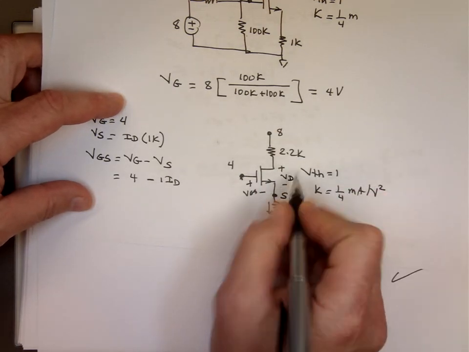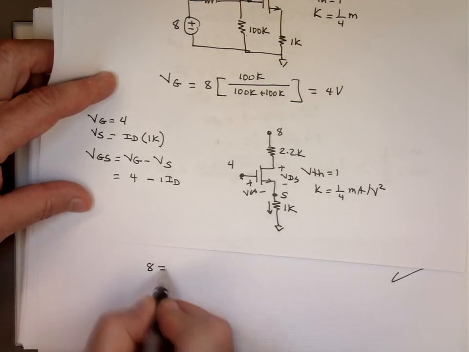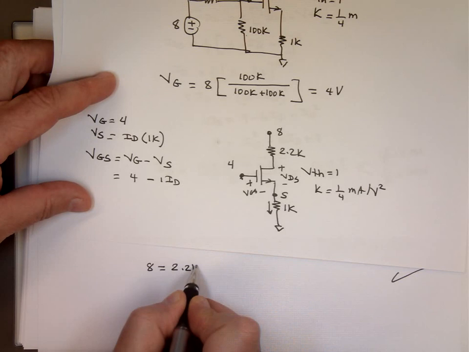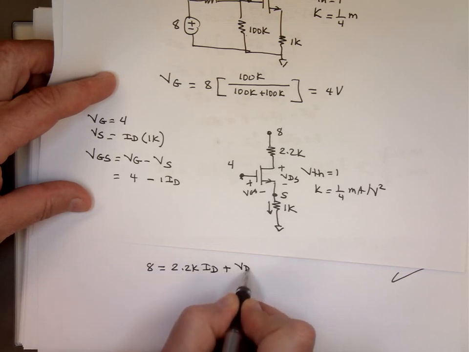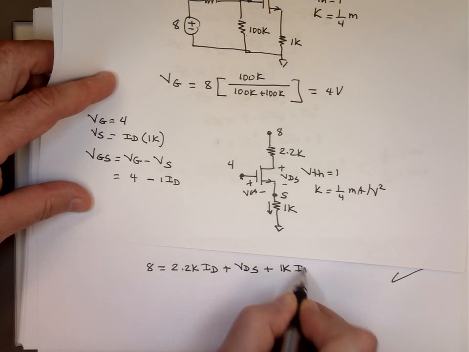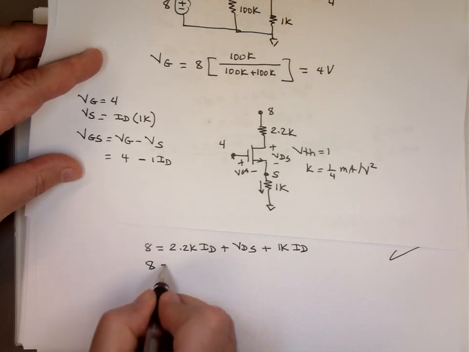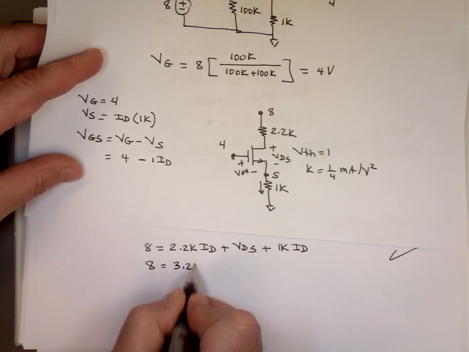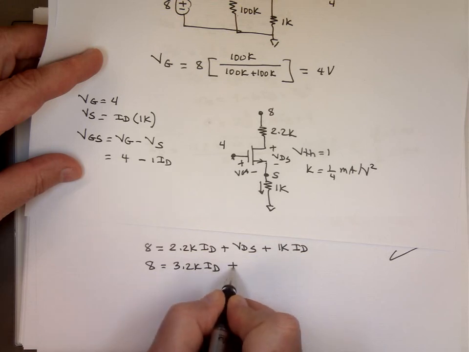The 8 volts on the top should equal the 2.2K times I sub D plus VDS plus the 1K times I sub D. 8 equals 3.2K I sub D plus VDS.